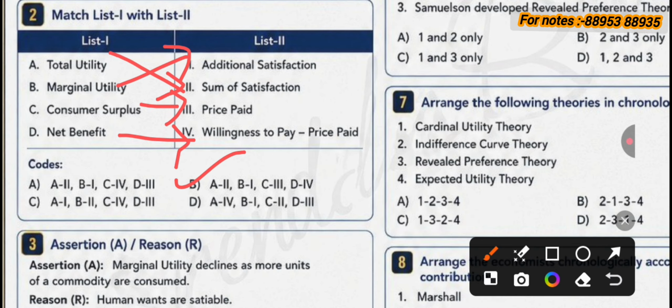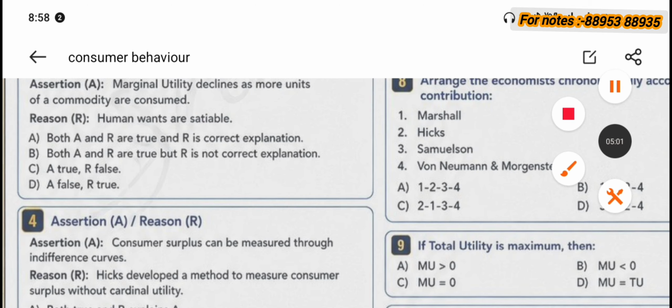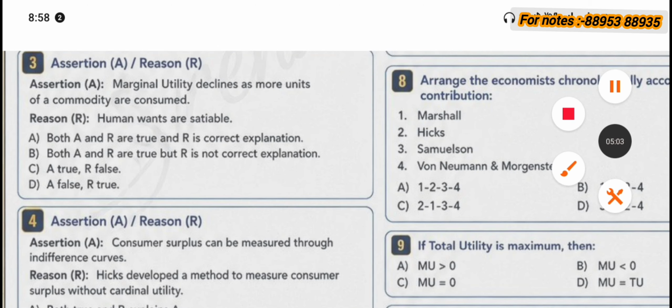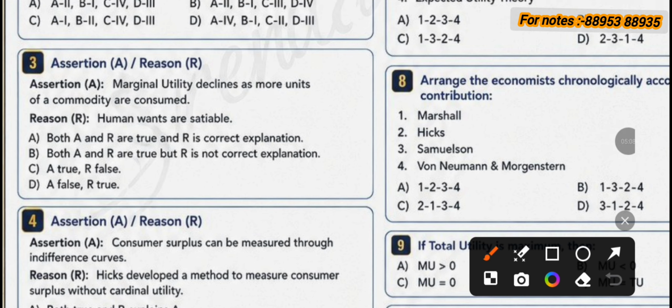Now move to the next question, which is assertion and reason. Assertion says that marginal utility declines as more units of a commodity are consumed, and reason is human wants are satiable. Option A is both A and R are true, and R is the correct explanation.